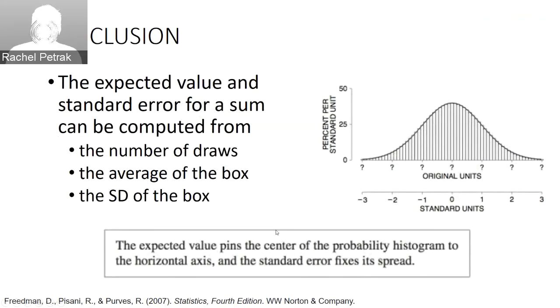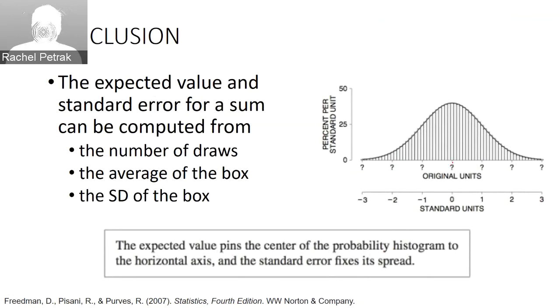Remember that a take-home message from this chapter is that the expected value and the standard error for a sum can be computed from the number of draws, the average of the box, and the SD of the box. And these are useful values, especially because the expected value pins the center of the probability histogram to the horizontal axis.